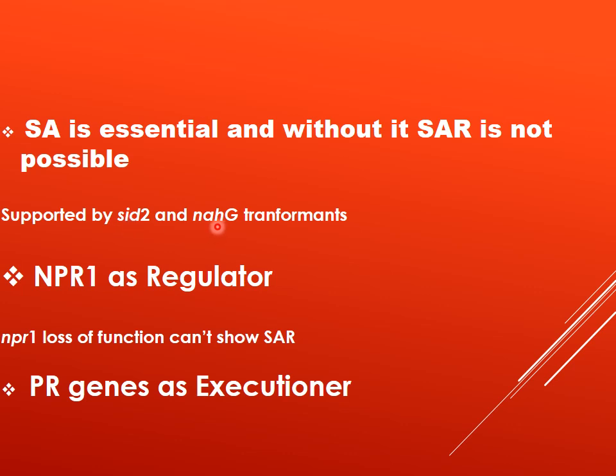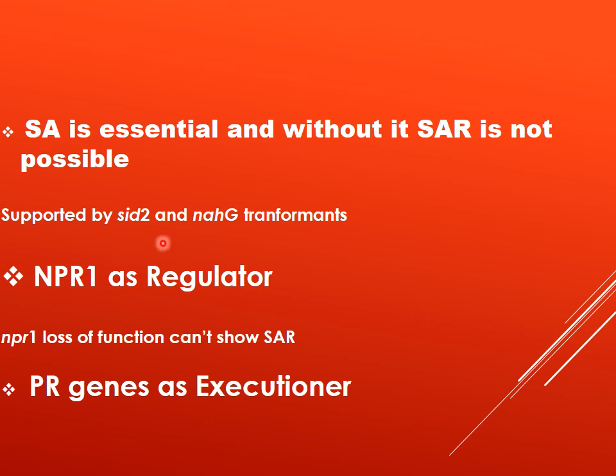Similarly, plants transformed with the NahG gene, where salicylic acid is degraded, also do not show systemic acquired resistance. So this established that without salicylic acid SAR is not possible, but still salicylic acid is not the signaling molecule.